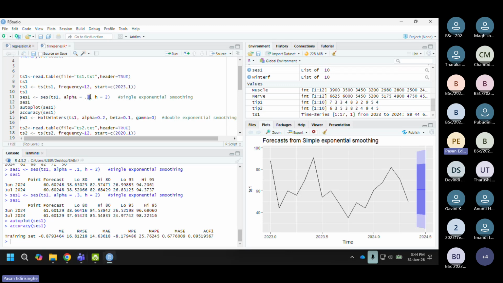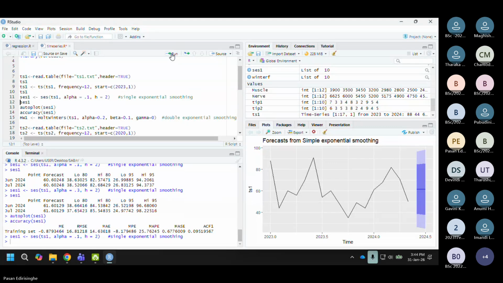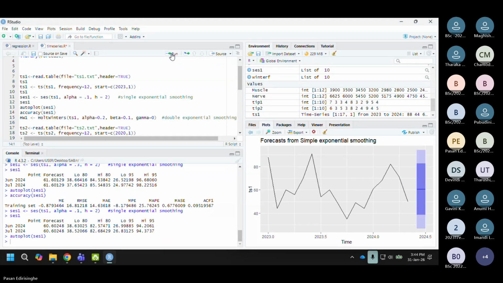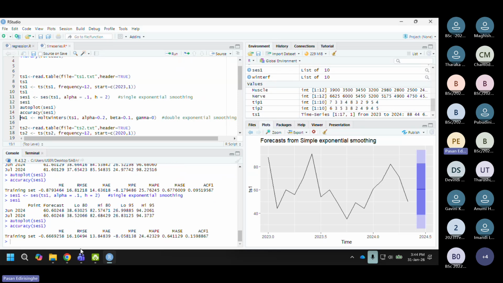If I use 0.1 here, and the accuracies, you can see the differences, right? The mean absolute deviation is 13.8 and 14.6. You can see the changes, so different measurements are there.